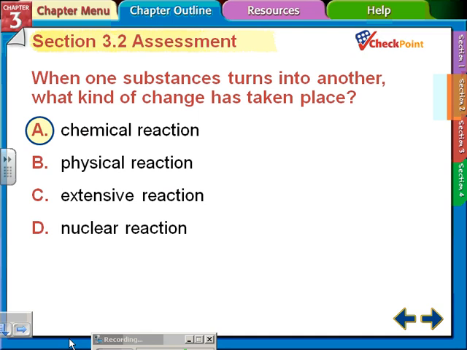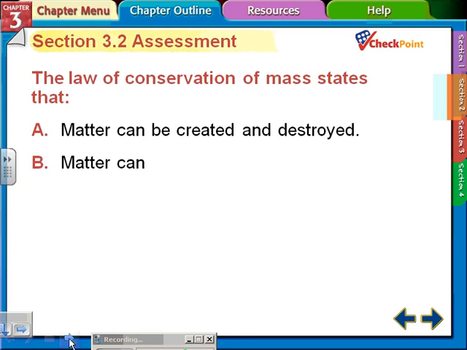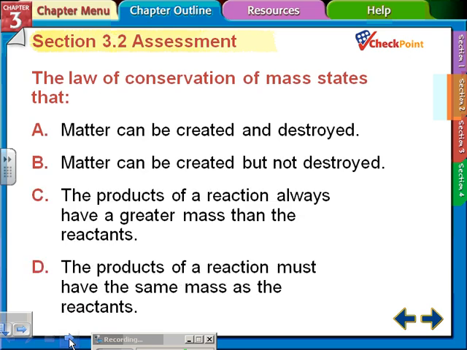That is a chemical reaction. All right, the law of conservation of mass states that the products of a reaction must have the same mass as the reactants.